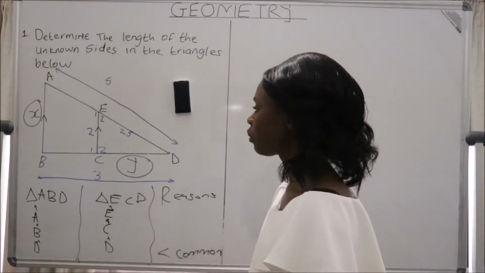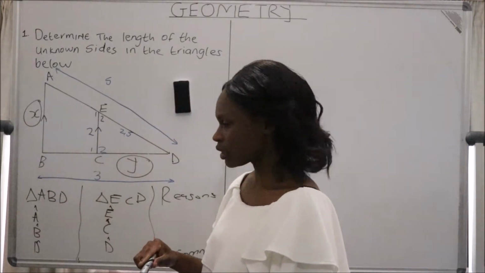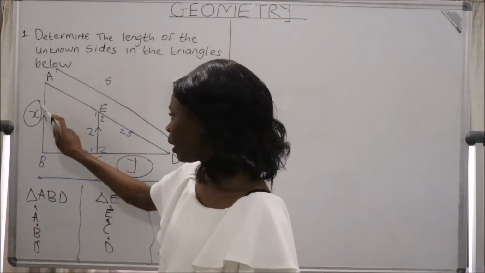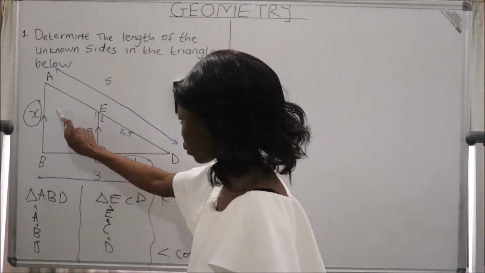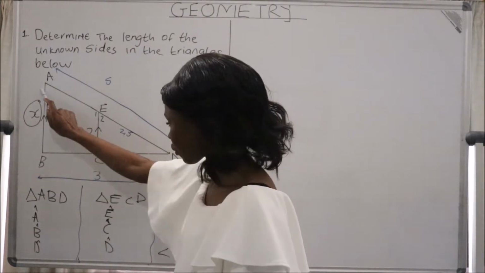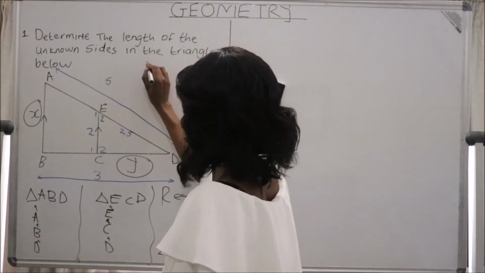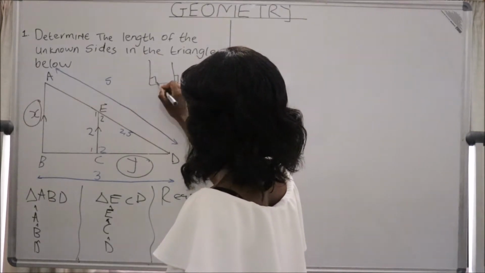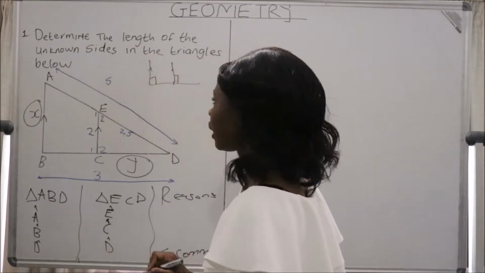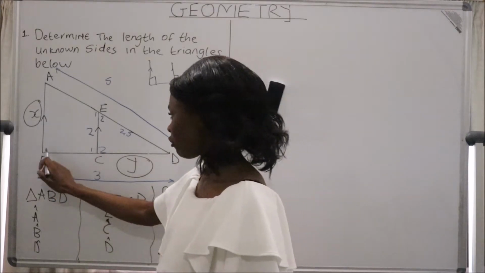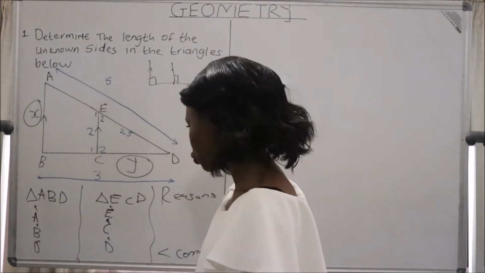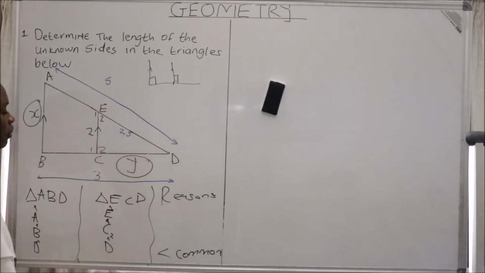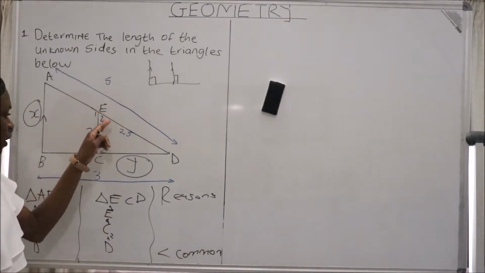But we can prove that the angle of B and the angle of C are equal because these are parallel lines, and whenever parallel lines form the shape of an F, as you can see here, the corresponding angles of the parallel lines are equal to each other. So the angle of B is equal to the angle of C2, which is this one, part of the second triangle ECD.